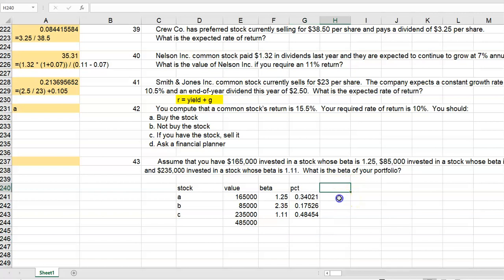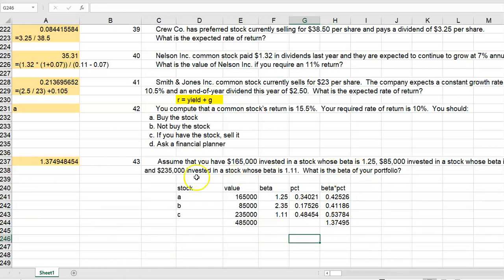Now what I do simply is calculate the percent of the portfolio times the beta. And then I add them up. And there's my weighted average beta. So I calculate the percent, and this is the beta times the percent. And I add them up, and they get my weighted average.